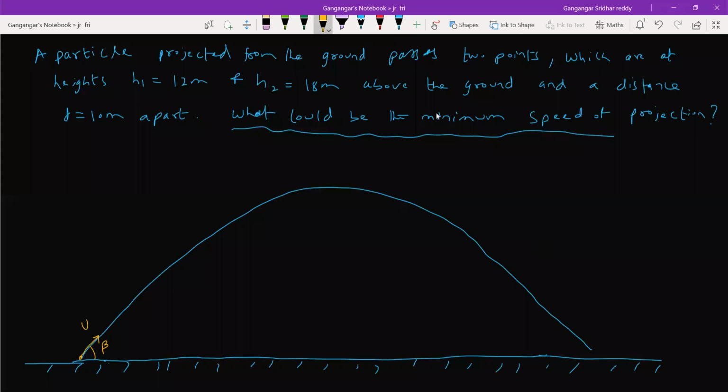We don't know this angle. So what are the 2 points? The 2 points are given. It's a parabolic path, no?